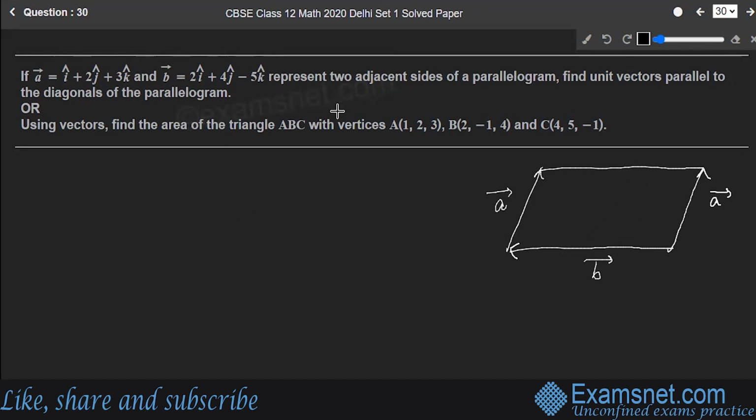So we have drawn the two vectors A and B. They represent the two adjacent sides of the parallelogram. Find a unit vector parallel to the diagonals of the parallelogram. So let's make the two diagonals. Here are the two diagonals.